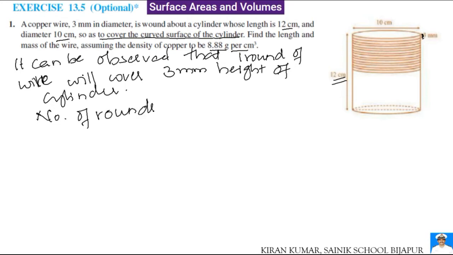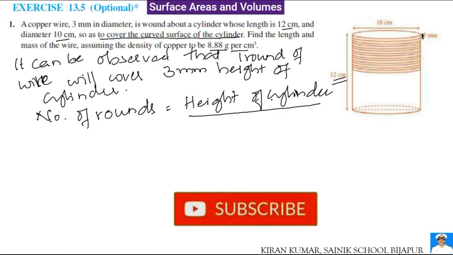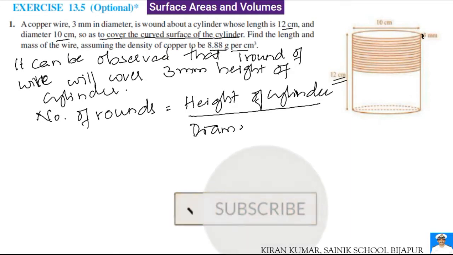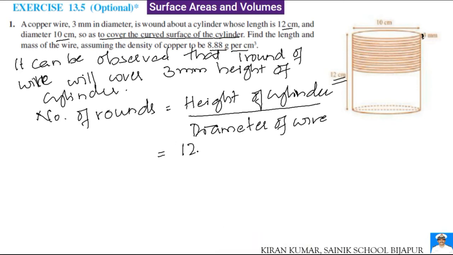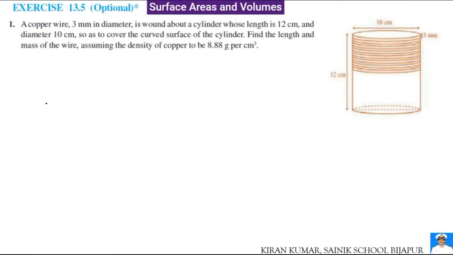The number of rounds will be equal to the total height of the cylinder divided by the diameter of the wire. The height of the cylinder is 12 and the diameter of the wire is 3 millimeters, so it is 0.3 centimeters. So this becomes 120 divided by 3, which is 40 rounds.